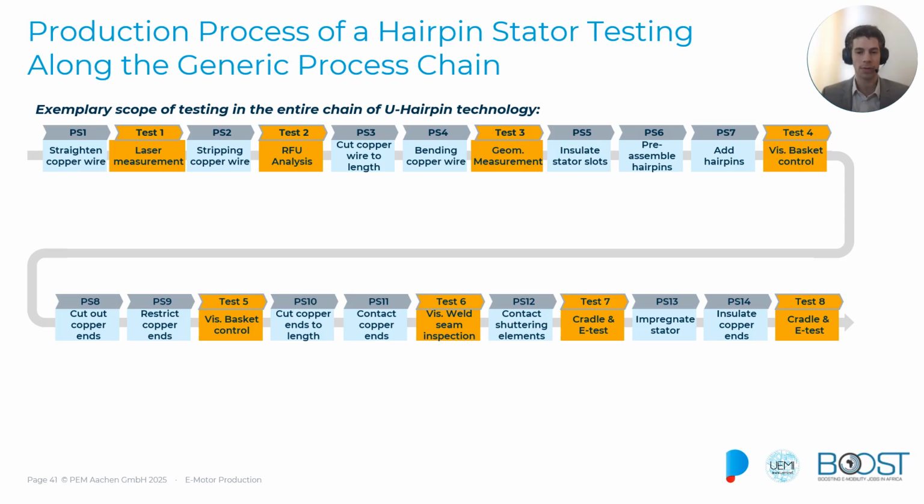Test number 7 is typically a cradle or e-test, like test number 8 at the end of the line. The only reason we do this before the impregnation is that when we see a failure or an error in test number 7, we don't have to bring the stator to the highly investing impregnation process.